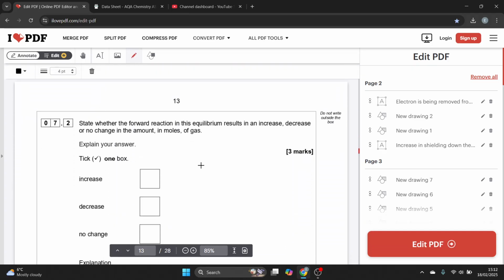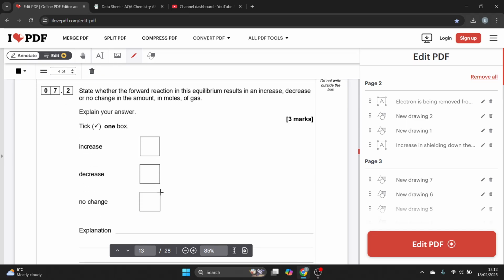Say whether the forward reaction in this equilibrium results in an increase, decrease, or no change in the amount of moles of gas. What does that even mean?